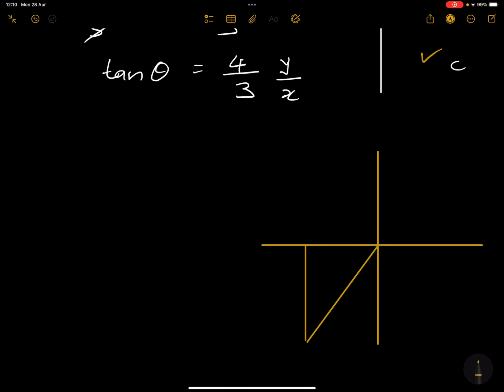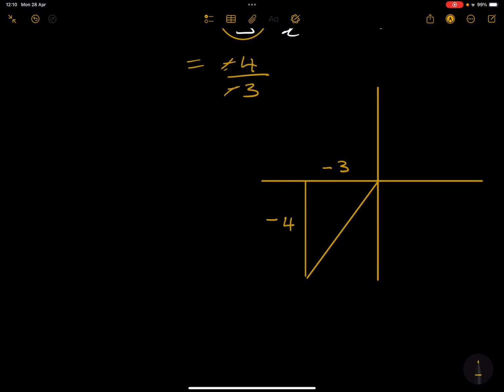But I want you to note this is in the third quadrant, so x and y must both be negative. But you may ask, why is it written as positive here? Because if it was negative 4 divided by negative 3, a negative divided by a negative gives a positive, so we end up with 4 over 3. But when we take it back to our Cartesian plane, we are supposed to show the sign for both the y and the x value.